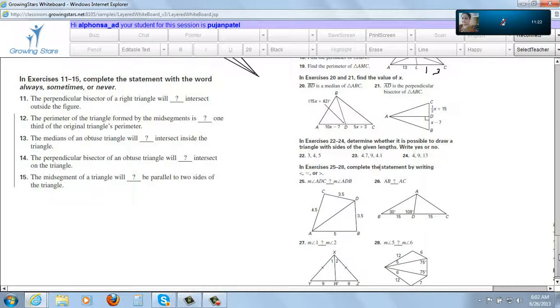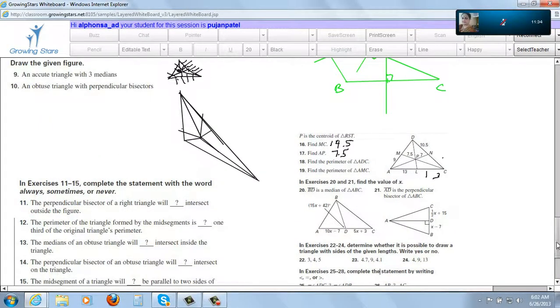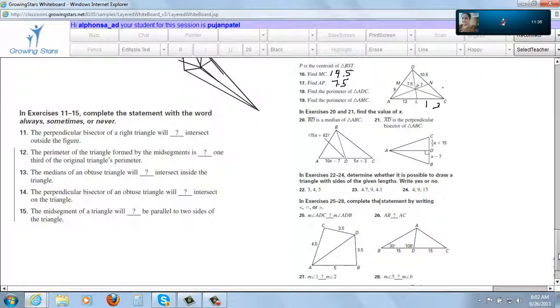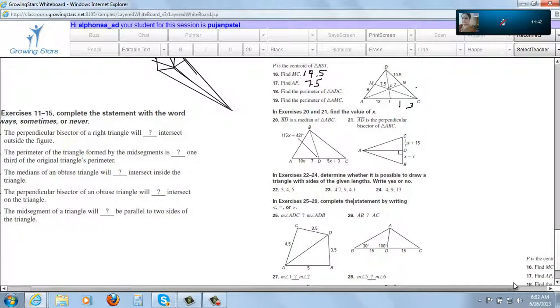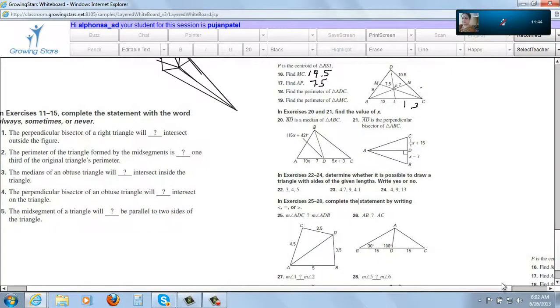In an obtuse angle triangle, this is the orthocenter, this is the circumcenter. The point of concurrence of the perpendicular bisectors is the circumcenter. And the orthocenter is the point of concurrence of the altitudes.